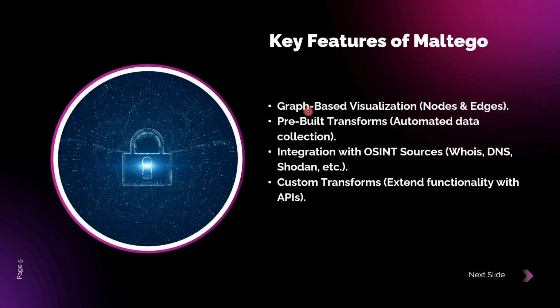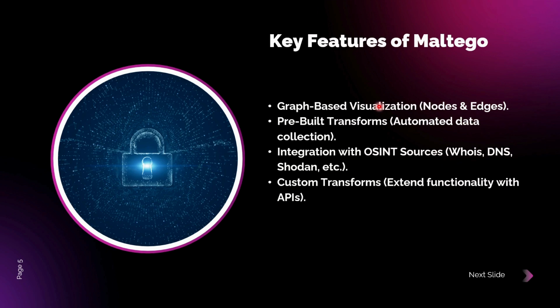Key features: graph-based visualization. You can say Maltego is just like Google Maps for hackers, but this is a legal one. Like you have the nodes and edges, you can find the road maps, you can measure the distance, etc. Pre-built transforms, automated data collection, like you can get the data in a single click.